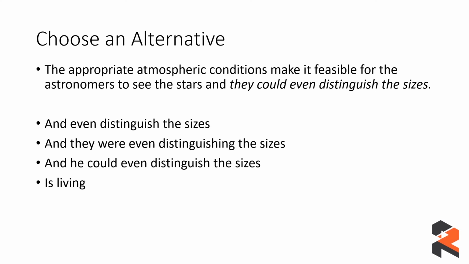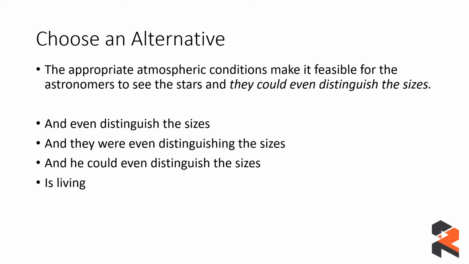And then we have the option and they were even distinguishing the sizes. So in this case the option and they were distinguishing the sizes cannot be the option because we have not checked the first option yet. So if we look at this sentence now by trying to apply option number 1, the sentence will be: the appropriate atmospheric conditions make it feasible for the astronomers to see the stars and even distinguish the sizes.